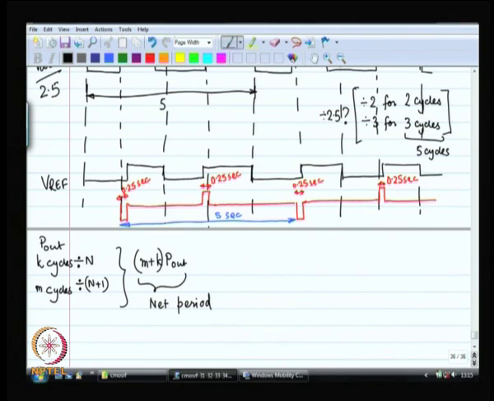And if this is the net period, then the spurs are going to appear at 1 by this. So, the fundamental for spurs is 1 by (m plus k) times P out.